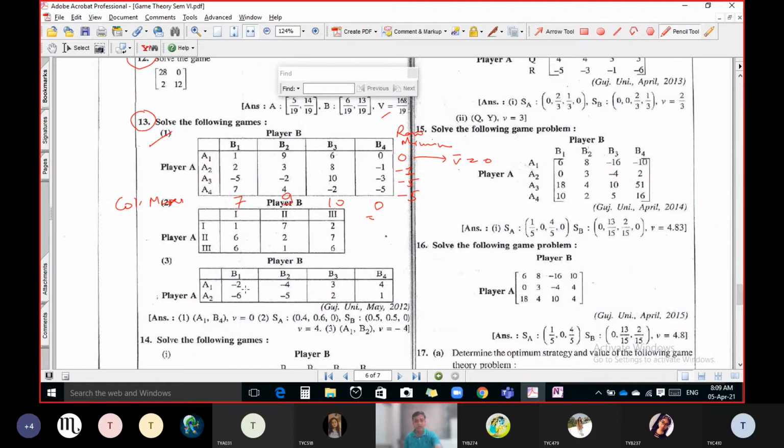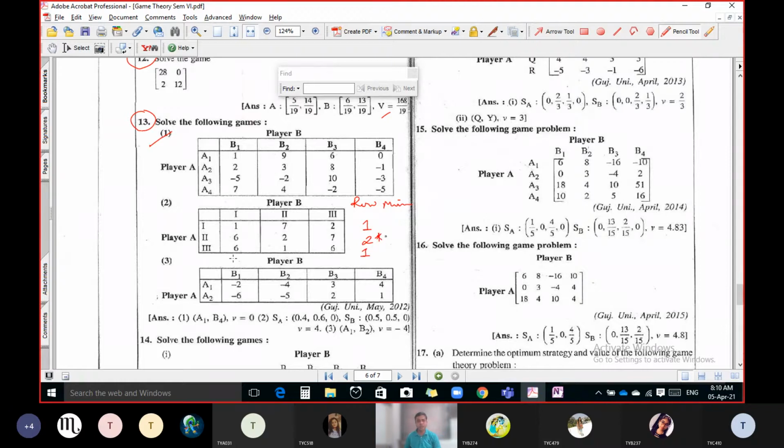Now let us do the next question, question number 2 of question number 13. So it is 3 by 3. Once again, row minima. Tell me the minimum value in the first row: 1. Then second row: 2, and then 1. The highest is 2.